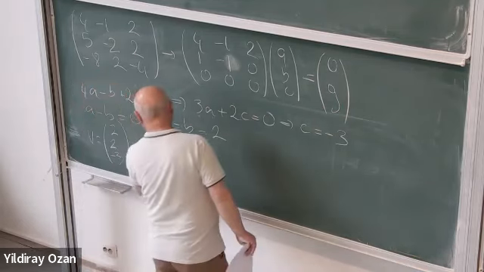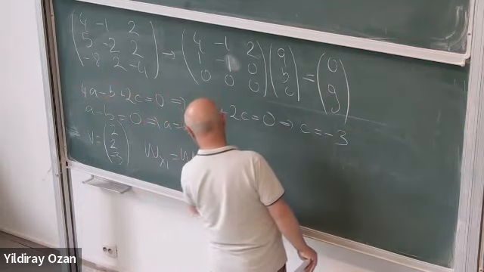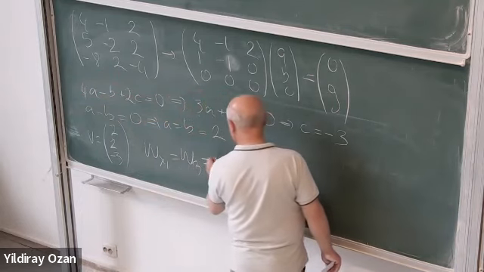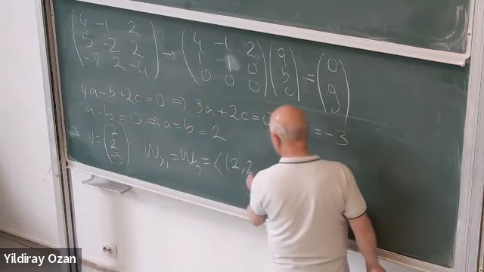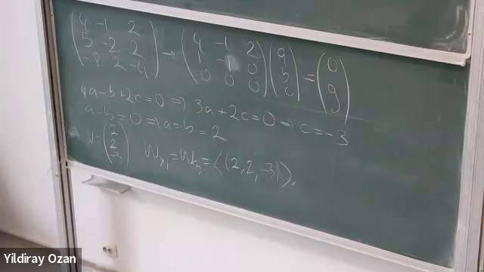So the eigenspace for the first eigenvalue, which is 3, is generated by (2, 2, minus 3). Sometimes I write row, sometimes bold. Okay.